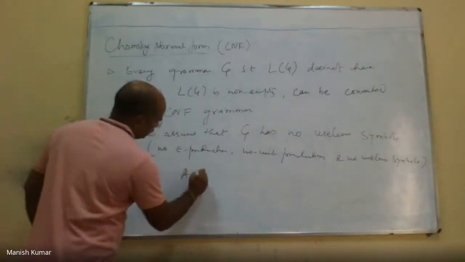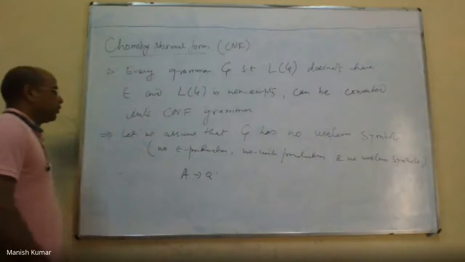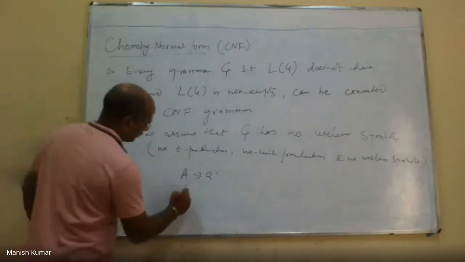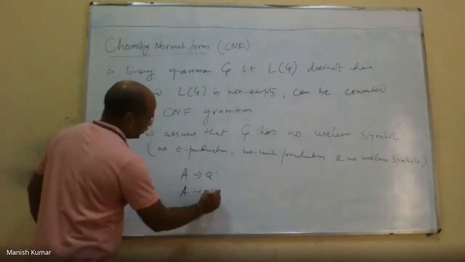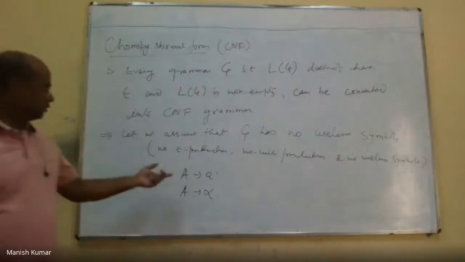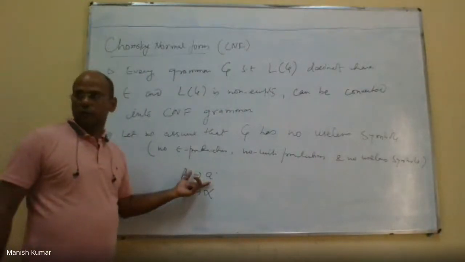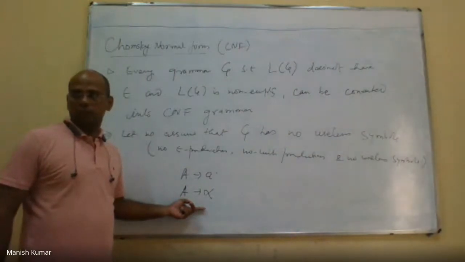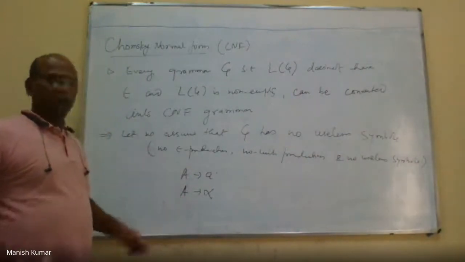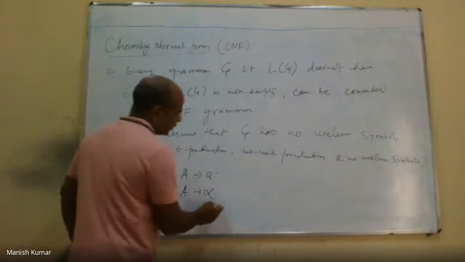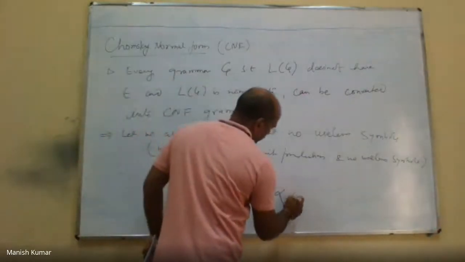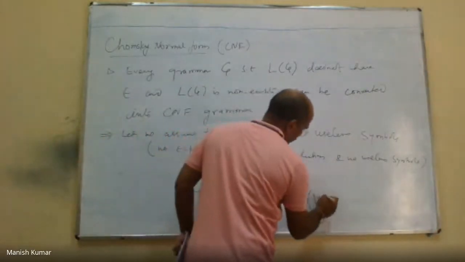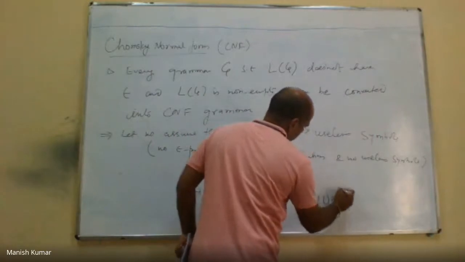Then you may have this sort of production rule, or you may have this sort of production rule. Here alpha is nothing but (V union sigma) star.